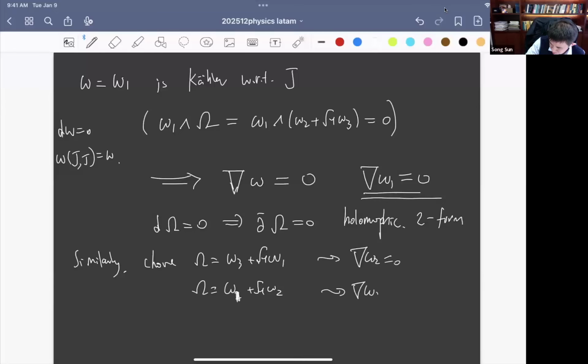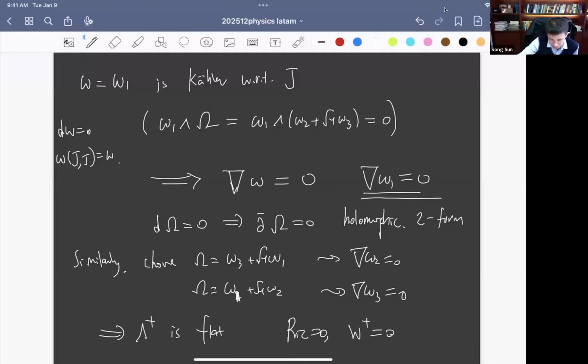Now this is completely symmetric in omega 1, 2, 3, right? So everything is parallel. So this implies that lambda plus is flat. It's generated by these three parallel two forms. So it's Ricci flat, and W plus equals 0, it's a hyperkähler.